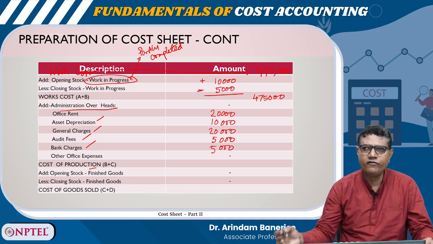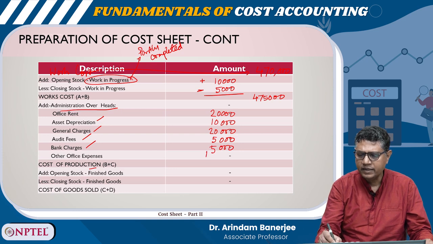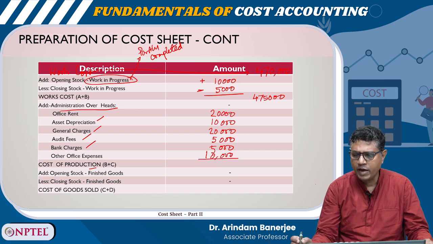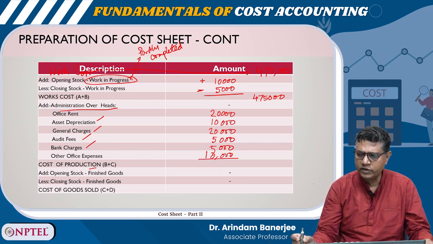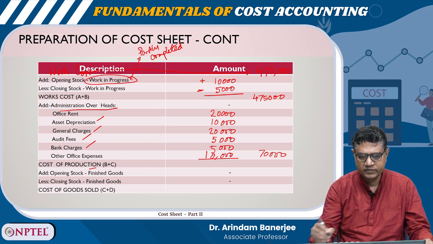Other miscellaneous office expenses, small expenses, say it is 10,000. Now if you add these expenses, 20 plus 10, 30, 40, 50, 60, 70. So it is 70,000.